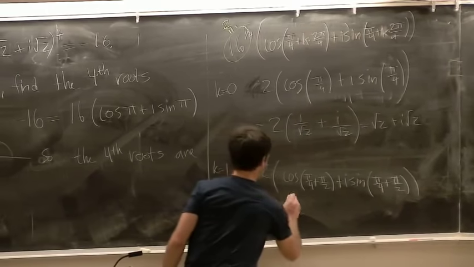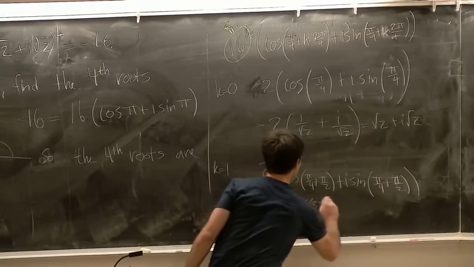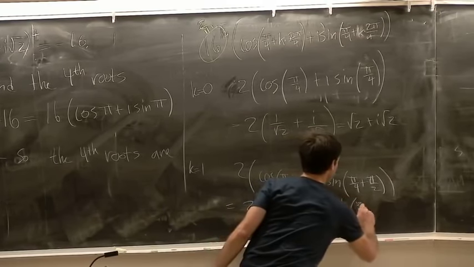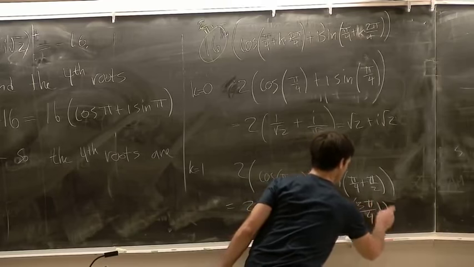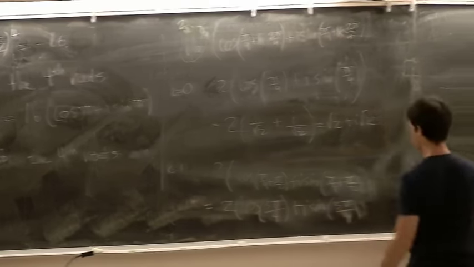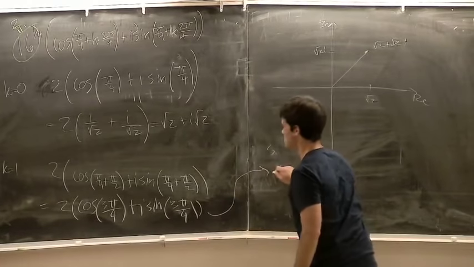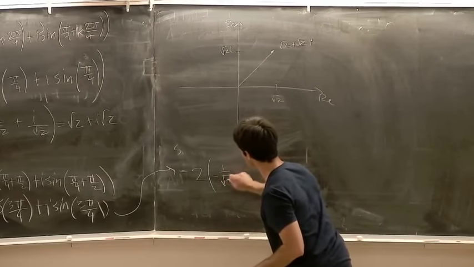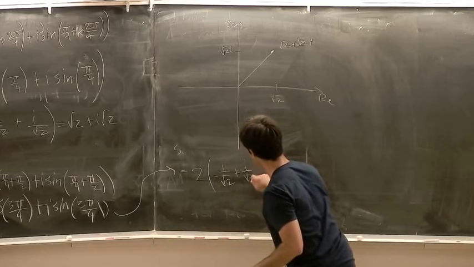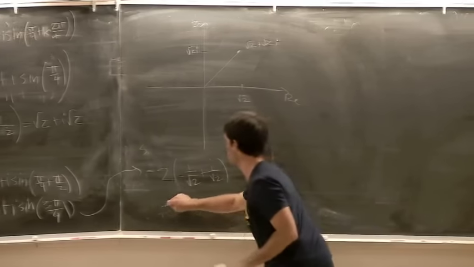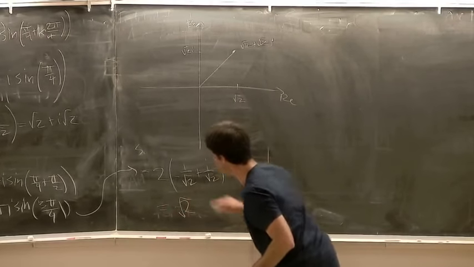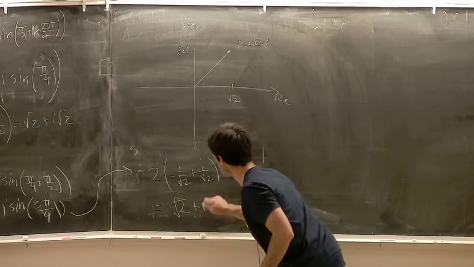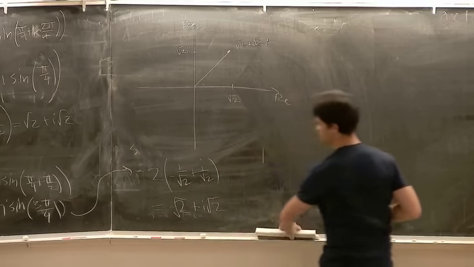All right, so that's 2 times cos of 3 pi over 4 plus I sine of 3 pi over 4, which is 2 times negative 1 over root 2 plus I over root 2, which is equal to negative root 2 plus I root 2.